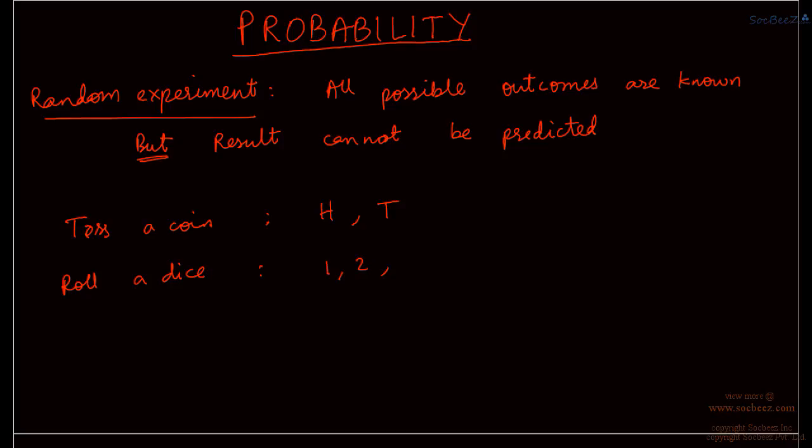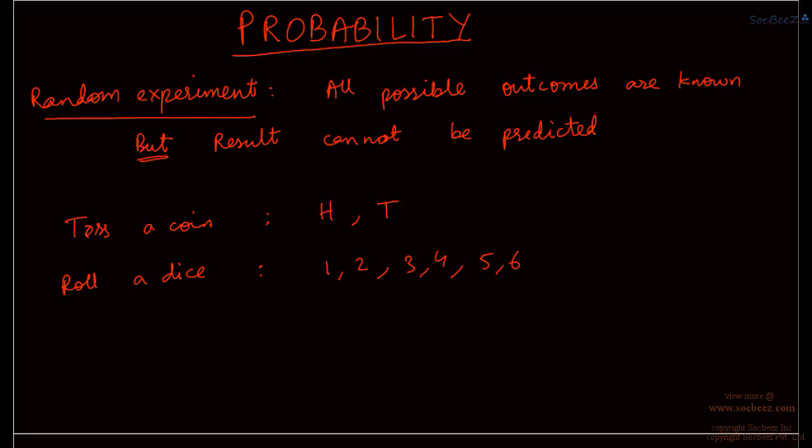I'm sure that I'll be getting one of these 6 numbers, but which number I'll get, I absolutely have no idea, right? This is why these experiments are called random experiments. Now probability is all about random experiments. Or we consider our life situations as random experiments and then we proceed.